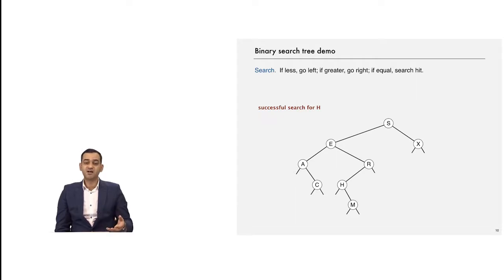Furthermore, vertices are assigned keys so that the key of a vertex is both larger than the keys of all vertices in its left subtree and smaller than the keys of all vertices in its right subtree. This recursive procedure is used to form the binary search tree for a list of items. Start with a tree containing just one vertex, namely the root.